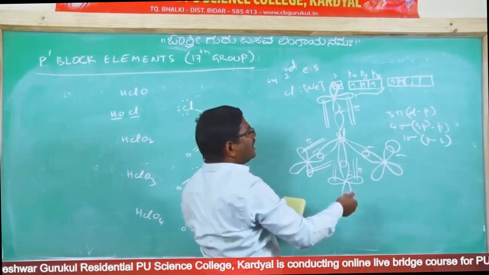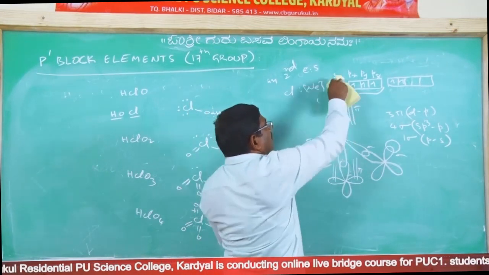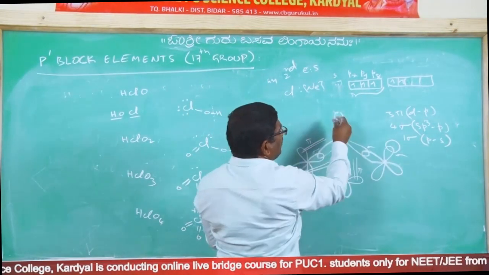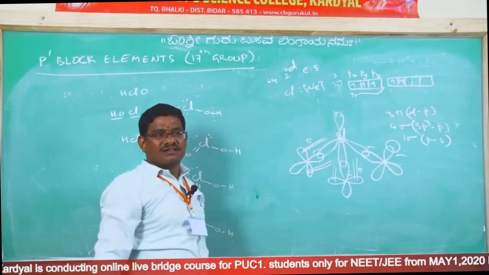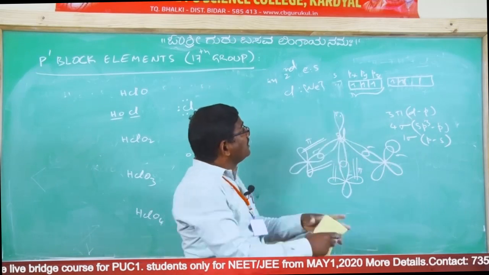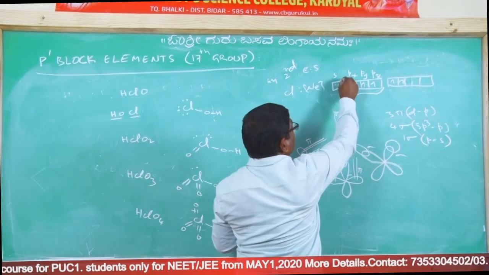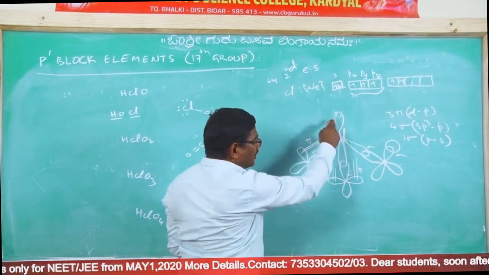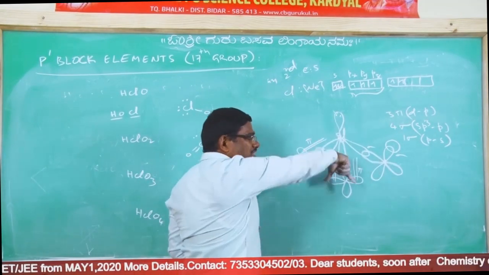It undergoes sp3 hybridization. On chlorine, one of the oxygens is with a lone pair. Here yes, a lone pair is there. In the second excitation state, this lone pair is as it is, and this is a lone pair. These are the bond pairs, therefore pyramidal in shape.